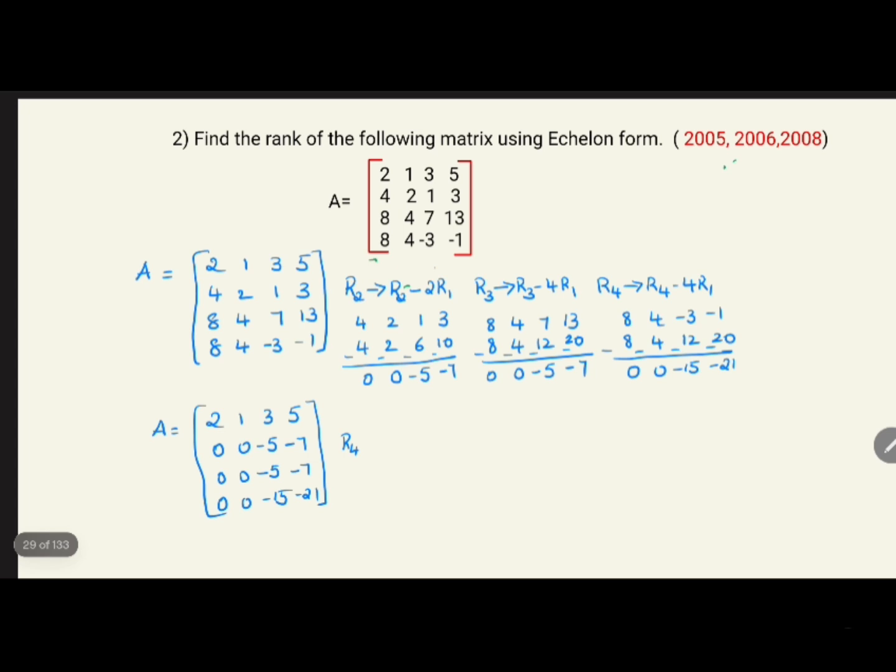So R4 implies R4 minus 3R3. Write down R4: 0 0 minus 15 minus 21. Multiply the third row by 3: 0 0 minus 15 minus 21. If you subtract all these, all the elements will become 0.